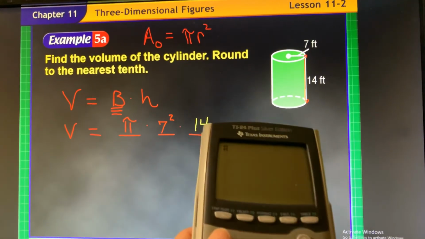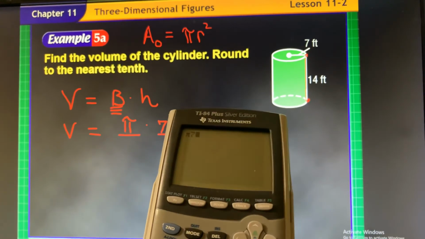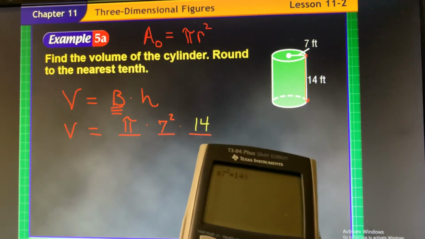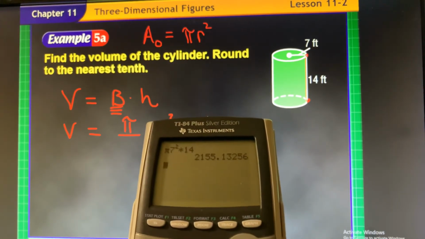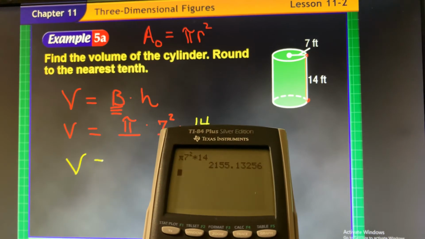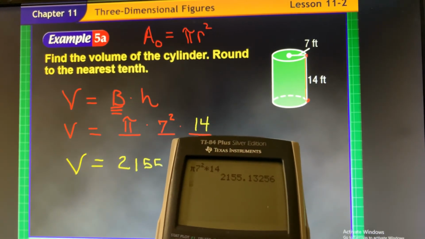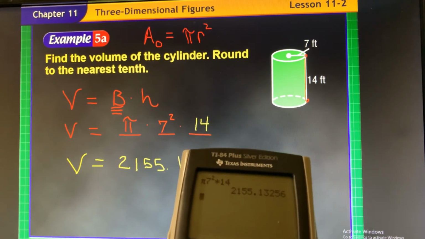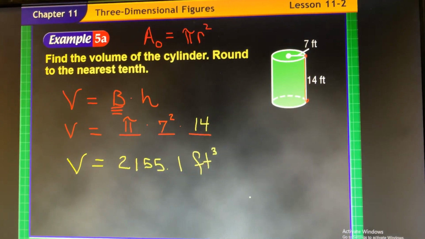And I'm going to do second pi, 7 squared times 14. So like that. I'm going to round to the nearest tenth. So in this case, I'm going to say volume is equal to 2,155 and 1/10 feet cubed. Like that.